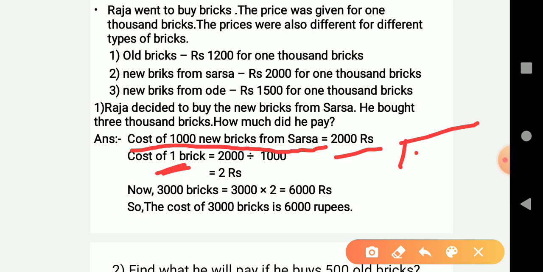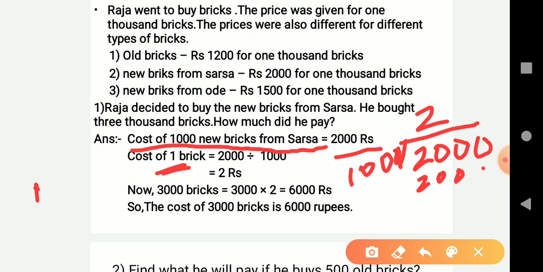So how to find the cost of one brick? Simply we divide the cost of bricks by total bricks. Total bricks 1000 and the cost of 1000 bricks is rupees 2000. So 1000 1 ja 1000 and 1000 2 ja 2000. 2 minus 2 is 0.